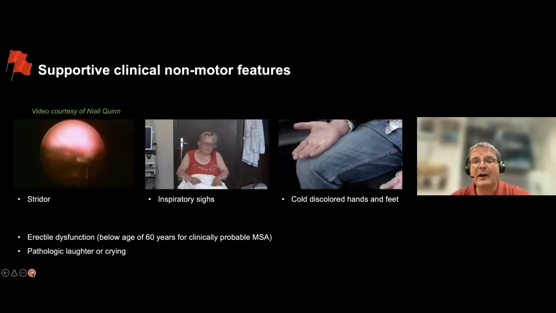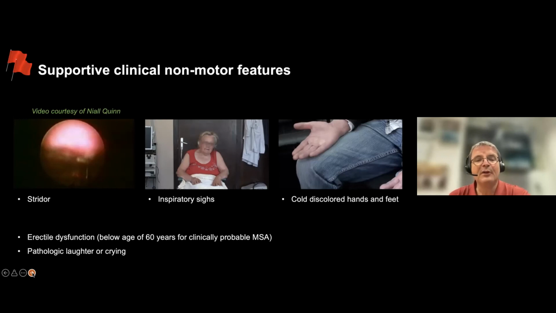Some patients may also have inspiratory sighs, as this lady has. And that's also typically seen in these patients. And also cold, discolored hands. The cold hand sign sometimes also occurs in the feet and reflects autonomic denervation of the extremities.